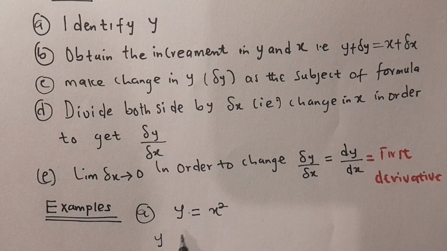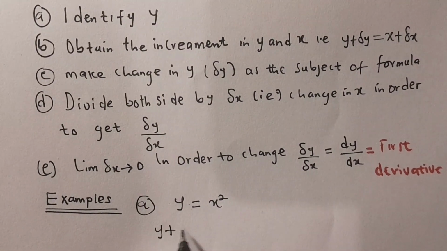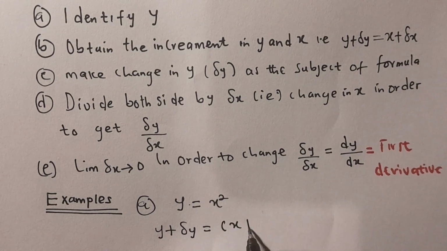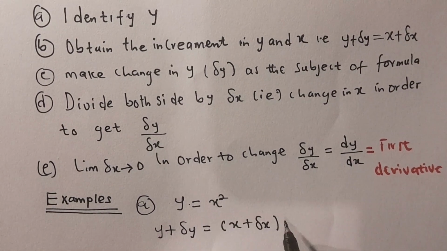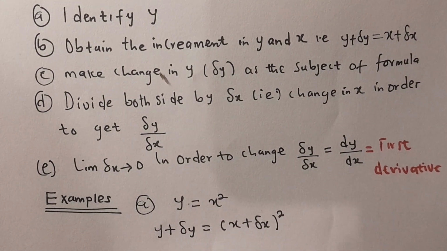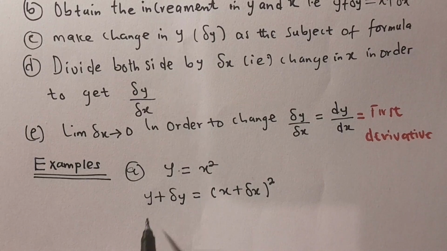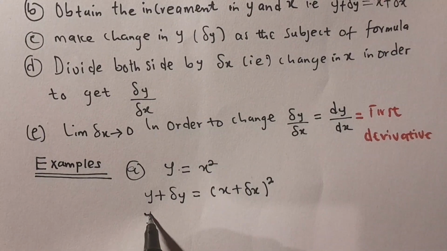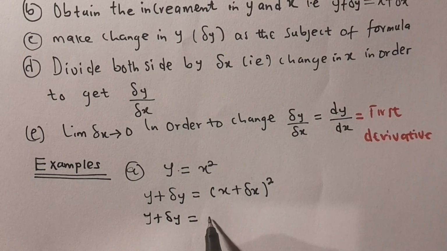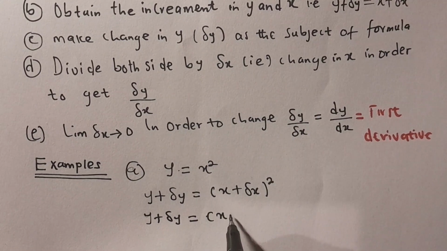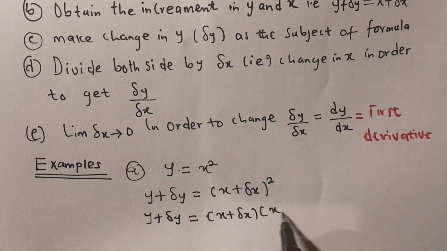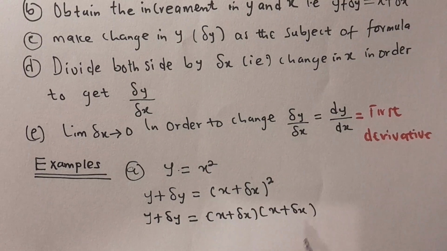We have y plus change in y equals x plus change in x, all squared. So from here we have y plus change in y equals x plus change in x, multiplied by x plus change in x.